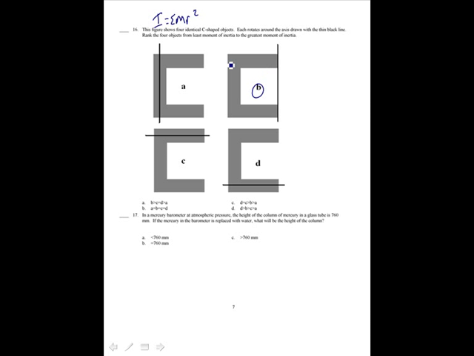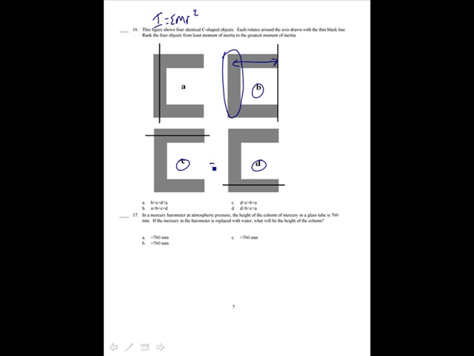So B is the biggest, and that's because it has this big piece of mass at the greatest distance from the rotation axis. Now the next biggest are going to be C and D, and you see that C is actually equal to D, because it's basically just flipped, but it's the same scenario.